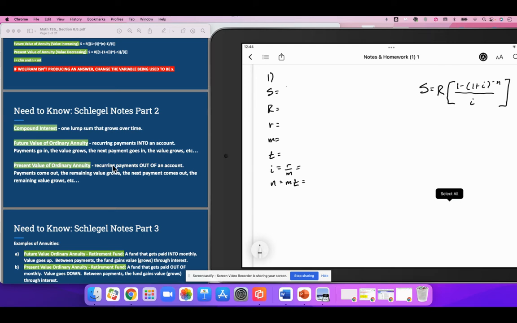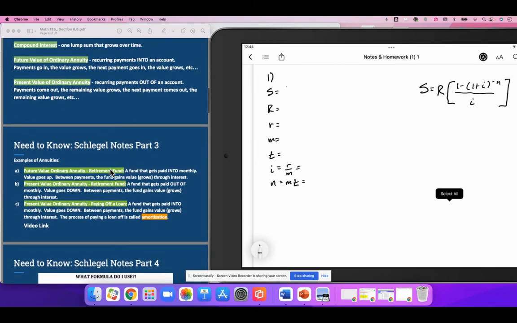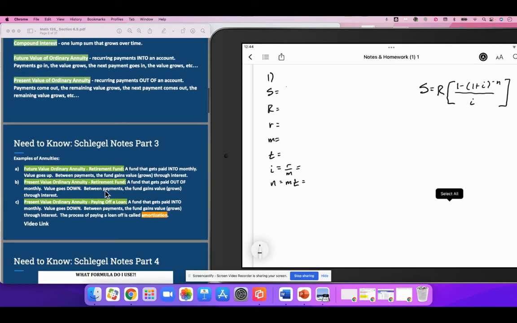And we've talked about this in terms of retirement. When you're younger and putting money into the account, it's future value of an annuity. And when you get to retirement and are taking money out of the account, it's present value of an annuity. What characterizes that is that the value of the account is going down. Now, that can also be thought of in terms of a loan.